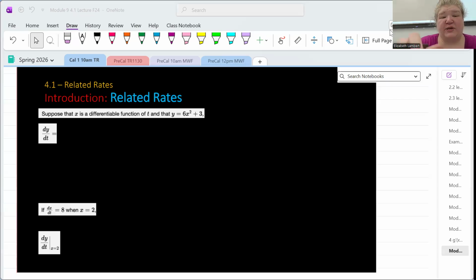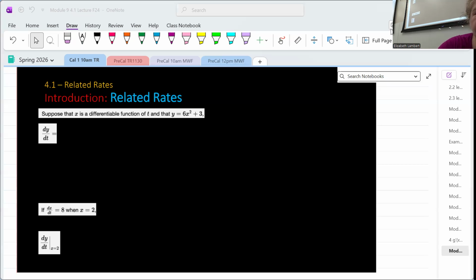Now, whenever we take the derivative, we're taking the derivative with respect to t. So we're going to put either dy dt or dx dt everywhere when we take the derivative of that particular variable.